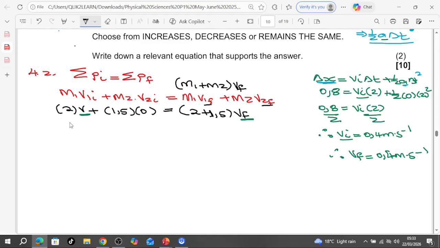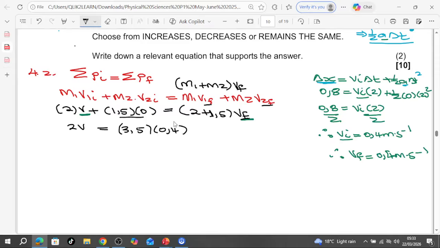So now that we have the v final, we can just substitute everything. So this will be 2v plus 0, then equate the 2v to 2 plus 1.5. I think that gives us 3.5. So this will be 3.5 that we need to multiply with the v final of 0.4.